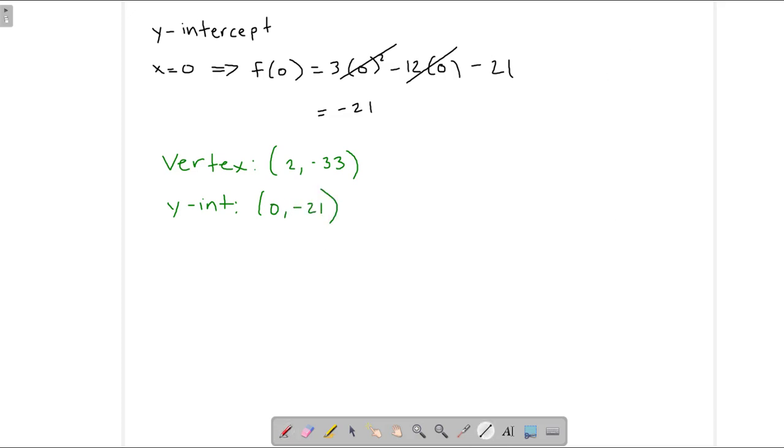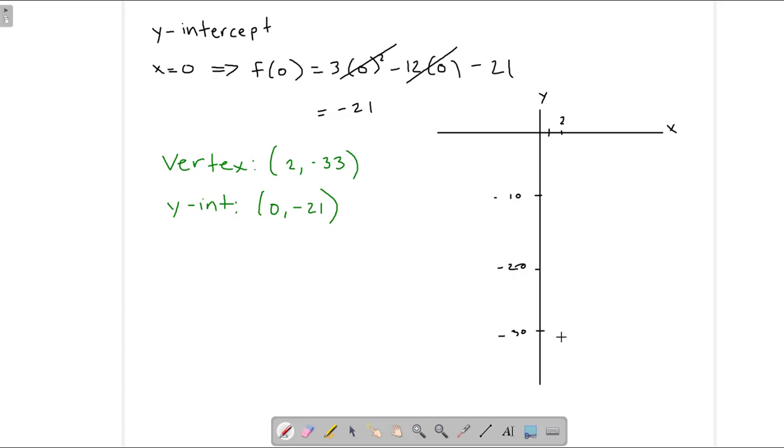And then I can do the same graphing process. This is x, this is y. We'll actually label our stuff a little bit nicer, maybe negative 20, negative 30. So I can label my vertex again first. 2, negative 33, so around here. And then I can plot my y-intercept. 0, negative 21, so right down here.